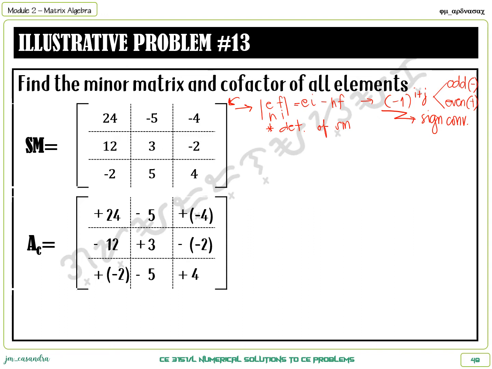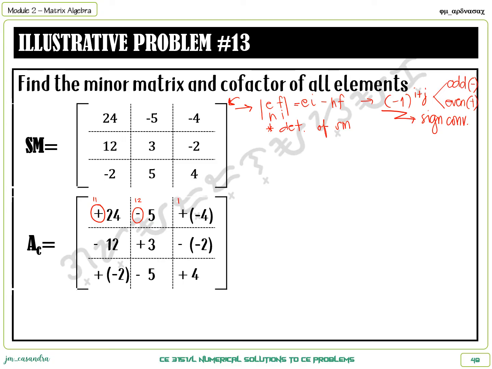So, isn't this 1, 1? 1 plus 1 is positive. This is 1, 2, so it's an odd sum, so it's negative.